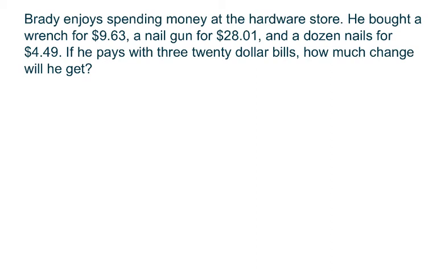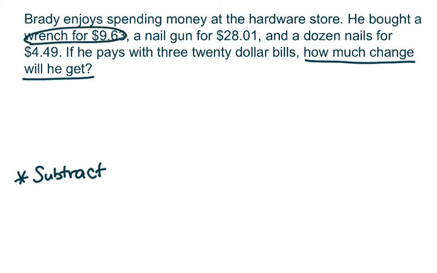There's a couple of steps we need to solve this problem. First of all, we need to realize that we are looking for the change, which means at some point we're going to have to subtract. Probably at the end. We also know that we've got the wrench for $9.63, the nail gun for $28.01, and the dozen nails for $4.49.